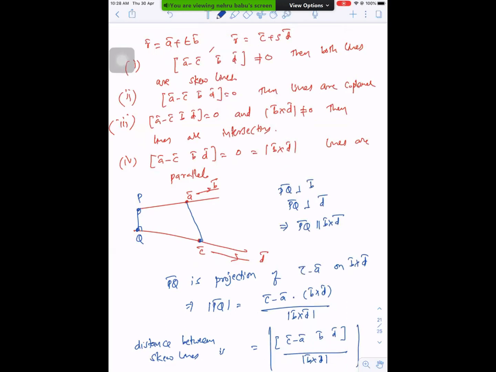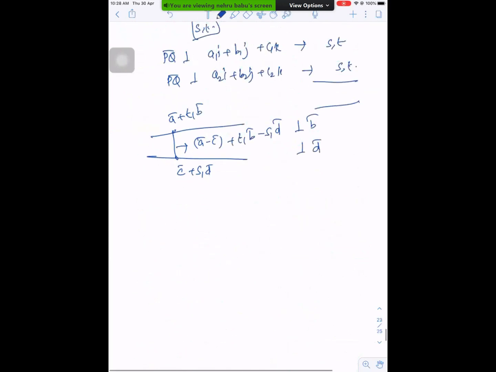Sometimes they ask questions on tetrahedron problems also. In a tetrahedron, if you take one side in the base and the other sides, you'll get skew lines, and they ask for the distance between them. Sometimes questions are like this also. So this is ABC.